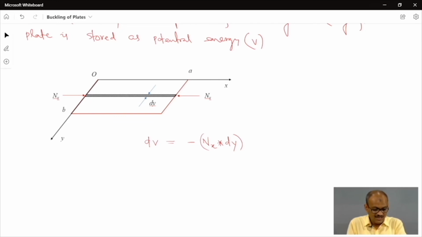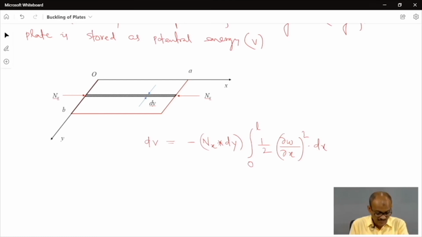This shortening expression, you may be remembering, is the integral from 0 to L of half into (∂w/∂x)² dx. So this is the external work done for this small element of thickness dy and complete length.